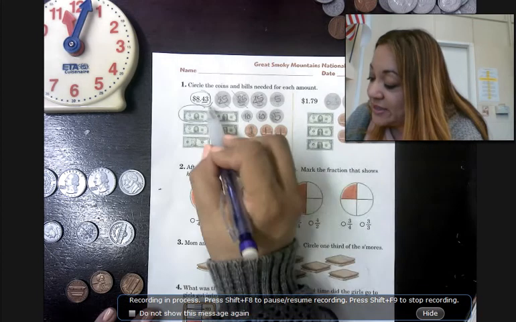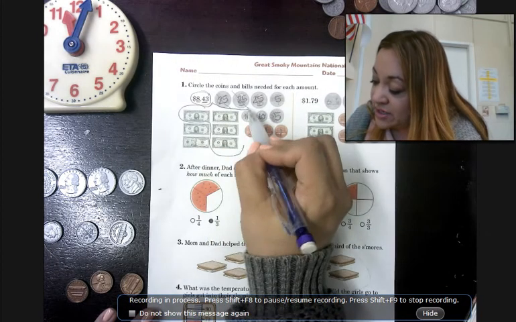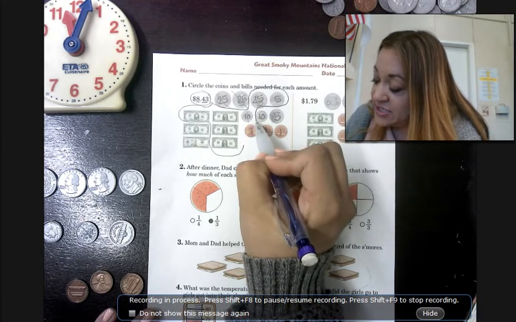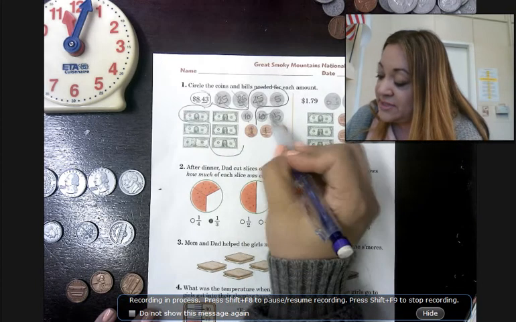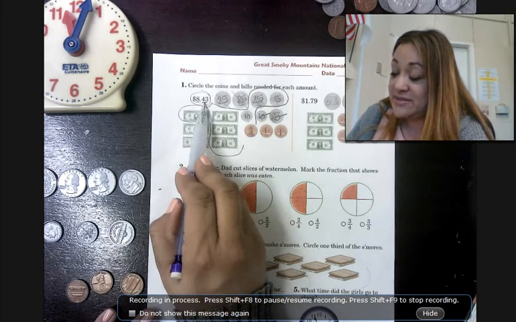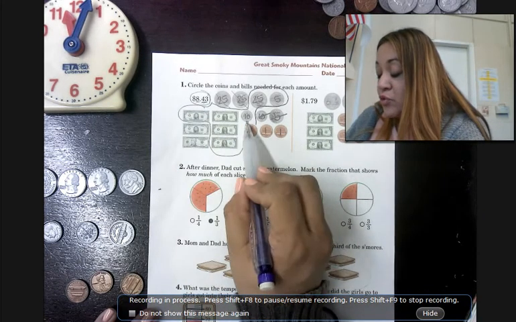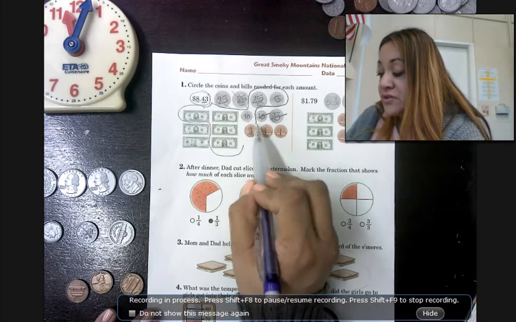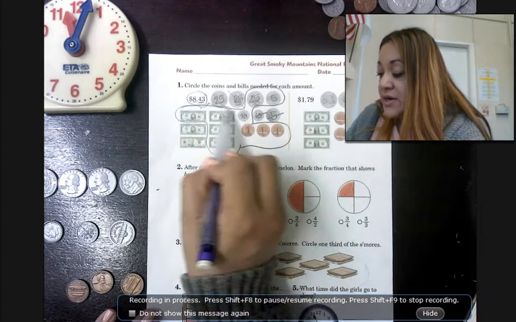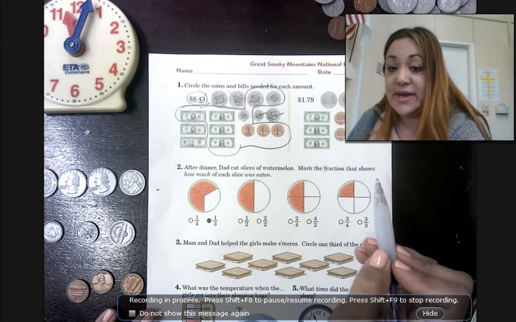Okay, we're not gonna circle those, but we're gonna circle around here, just like that. We don't need these guys. But our total is 43 cents. So I'm gonna go with 40, 41, 42, 43. So all this gets circled. That is what I'm gonna do. Okay, so you guys see that?